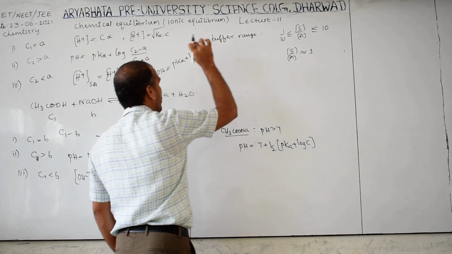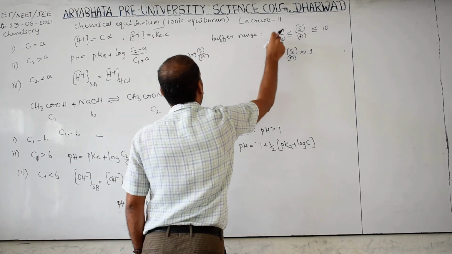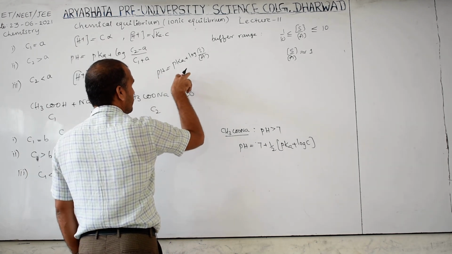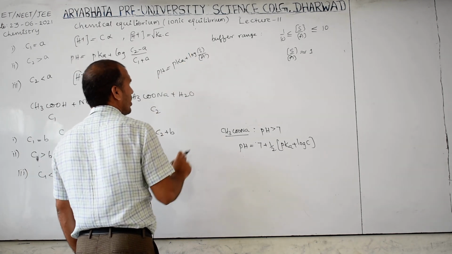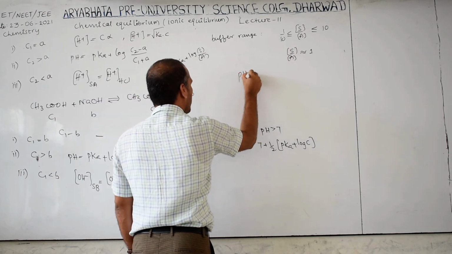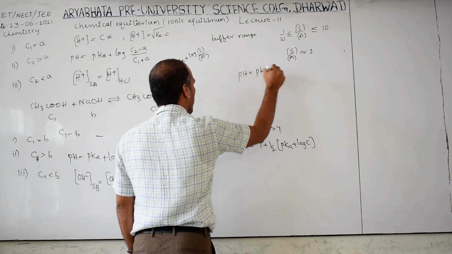Now you can put 1 by 10 in this formula. 1 by 10 means 10 power minus 1 in the numerator form. Therefore in this case pH is equal to pKa minus 1.